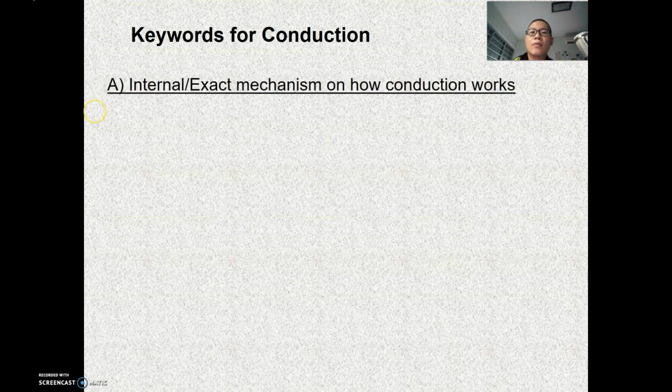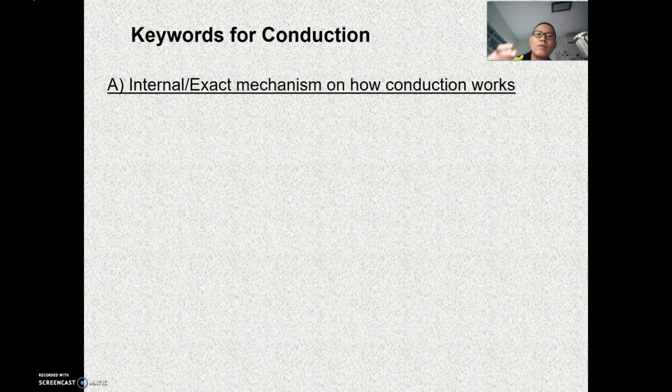Okay, now in general, the questions tend to focus on two aspects. One will be on the exact mechanism of how conduction works, which means the marker will need the students to explain how conduction works in detail in a particular medium or a particular application or particular object.